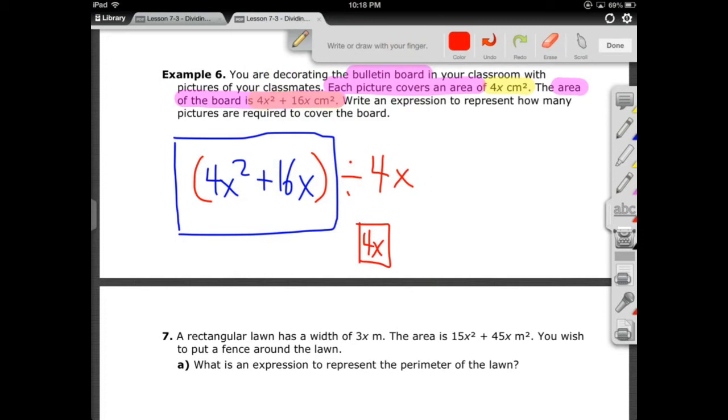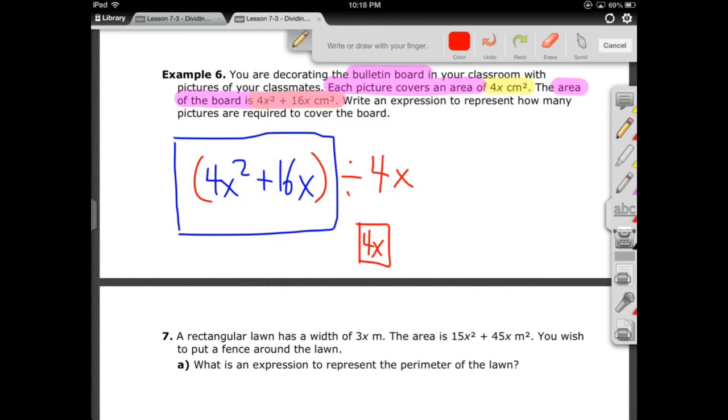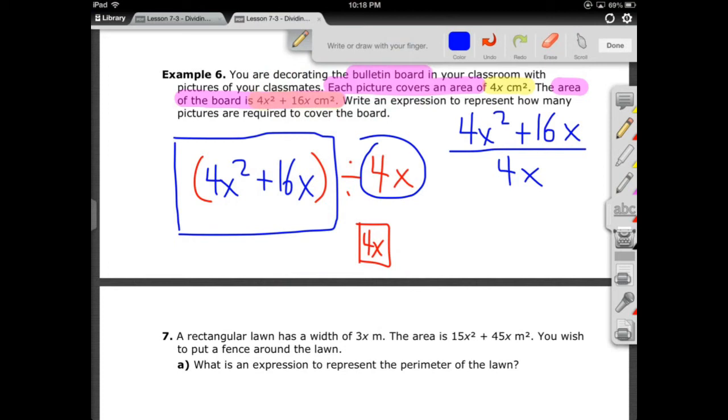Okay. Question like this, you put your smarts to work right away and you say, you know what, the easiest way to do this is that technique where you write the product like that over top of one of the factors. Now that's like saying, one of the sides is 4x and you want to know how many of these little pictures will be required to make up the whole thing.